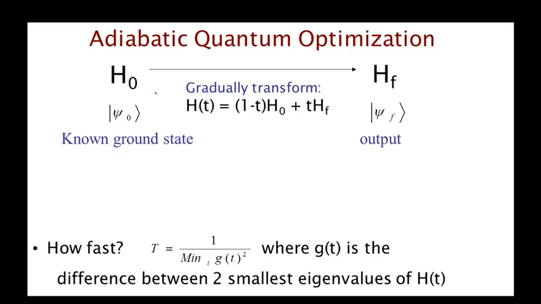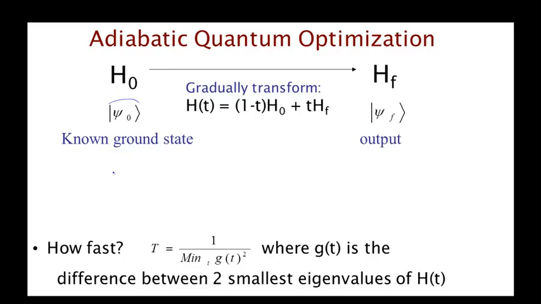What the adiabatic theorem says is that if you do this slowly enough, then you'll drag the ground state from this known ground state psi naught to this target ground state psi sub f. So if you do this slowly enough. But how slowly? Well, how fast you can go is 1 over the square of the gap between the ground energy and the first excited energy.